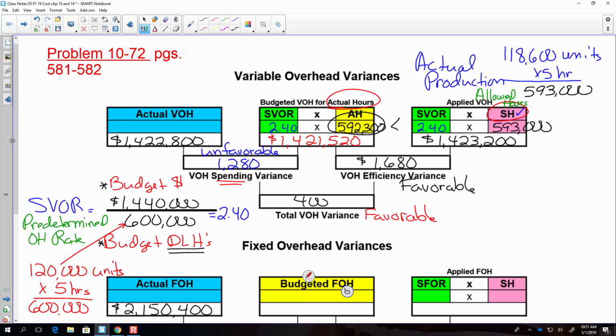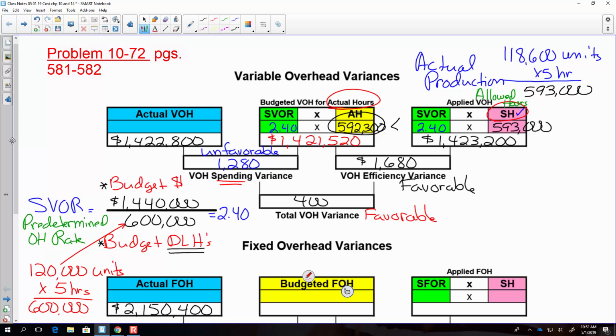All right. So if the question on the test is, what is my predetermined variable overhead rate? And you tell me what? $2.40. If I asked on the test, how much is put into work in process inventory?